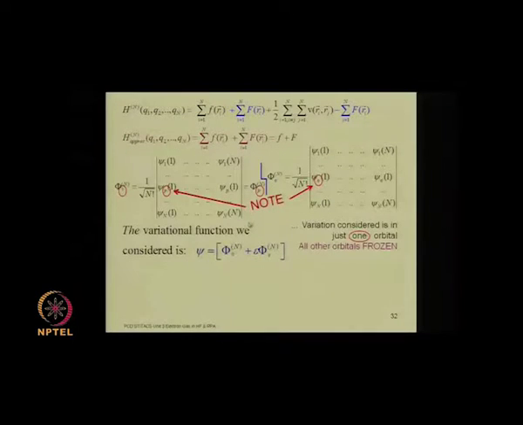Now, our variational function would be a mix of this ground state, which we believe is the ground state, and if it were not the best ground state, then it would need to be an admixture of this state and some of the excited states, the prototype of which is phi q, the mixing coefficient being epsilon, which would be a tiny number, and subsequently we sought the limit epsilon going to 0 to demonstrate that this is in fact the variational best state, best self-consistent field state according to the variational principle.